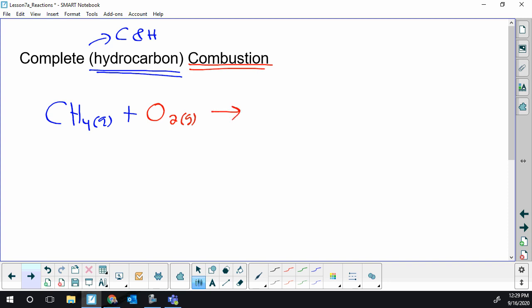The products of hydrocarbon combustion are always these two products. One of them is carbon dioxide. You take the carbon and you saturate it with as much O as you can, and you get CO2. Then you take the hydrogen and you saturate it with as much oxygen as you can. And what would you get when you fill hydrogen up with oxygen? You get water.